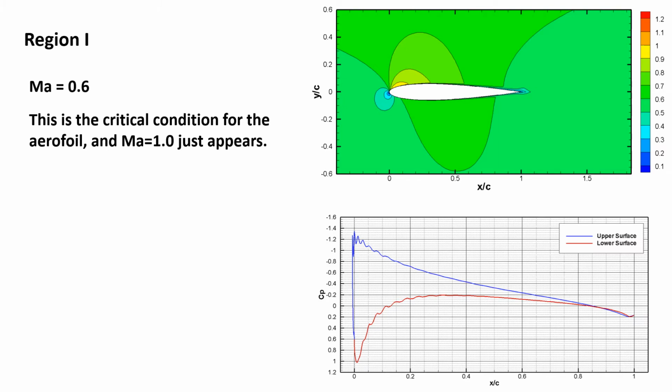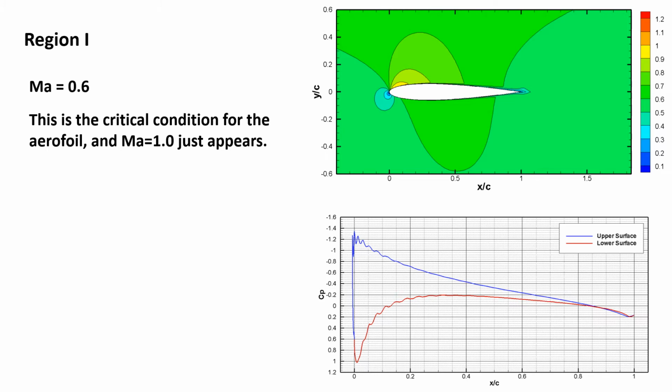If we pay attention to the lower plot of the CP distribution, and look at the CP axis, the vertical axis, you can see it's inverted. We have negative above and positive below, and this inversion is made to show the CP curve of the upper surface at the top and the lower surface at the bottom.